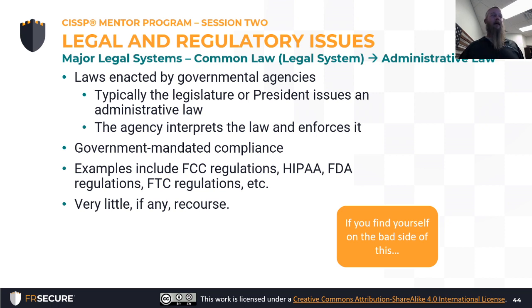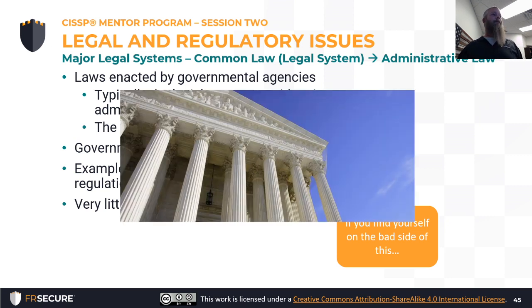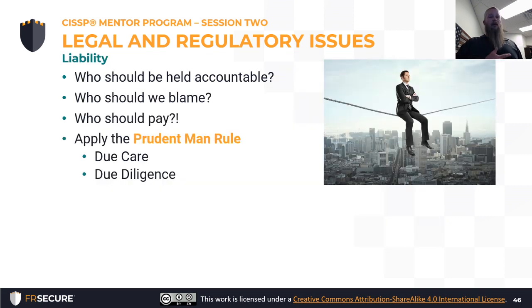It got that bad. So my advice usually, and again, I'm no lawyer, with administrative law is to be as nice as you can and hope that the penalty is as little as it can be. All right, so if you're on the bad side of this, I feel for you. Go for it.